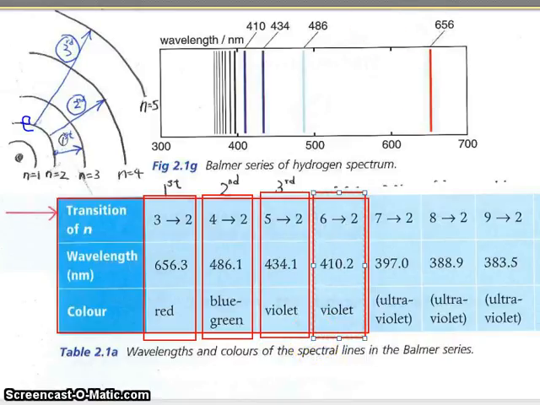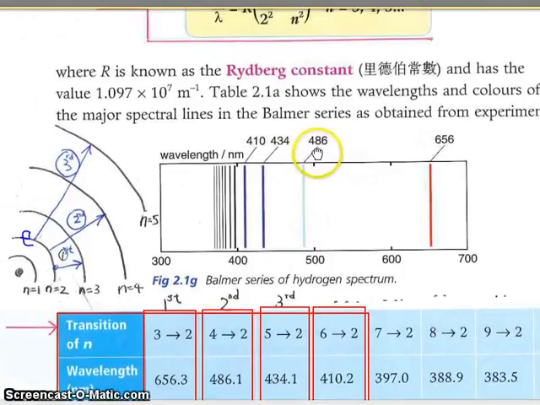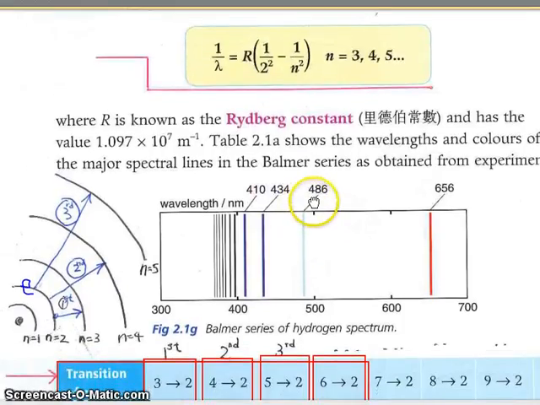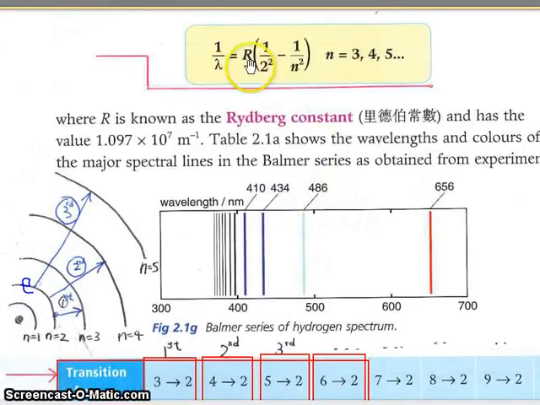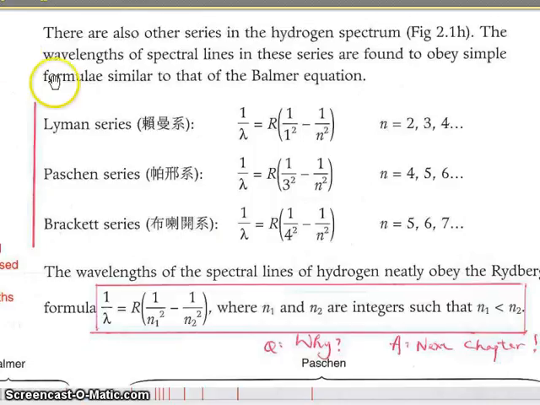They have this very, very special relationship, the one found on the upper part of the page. They are so related, and there is only a constant, the Rydberg constant. Other people tried to follow what Balmer had done: Lyman, Paschen, and Brackett.